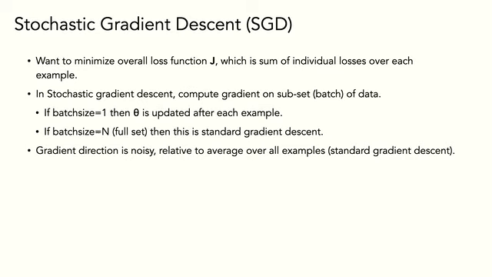Also, your gradient direction is noisier relative to averaging over all of the examples, which is standard gradient descent. This is pretty normal, right? Taking a batch, you're not guaranteed that the gradient over the batch is going to match the gradient over everything.